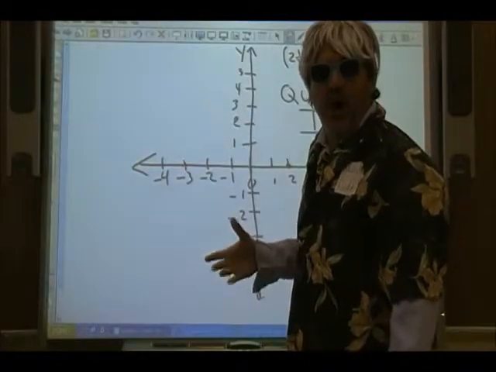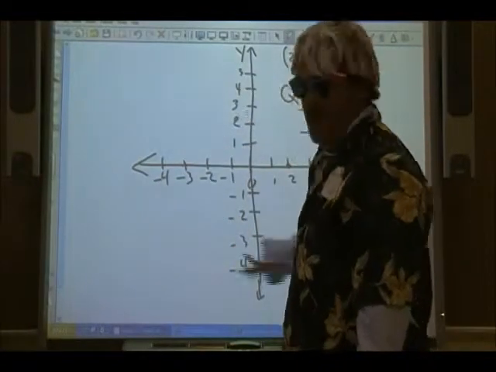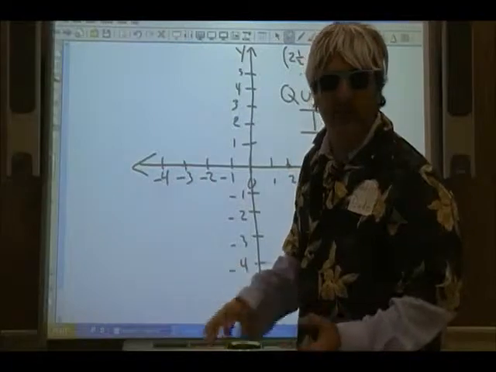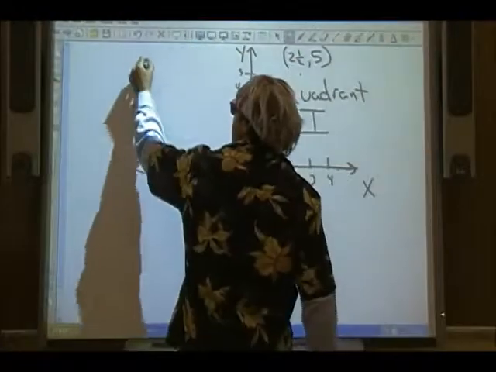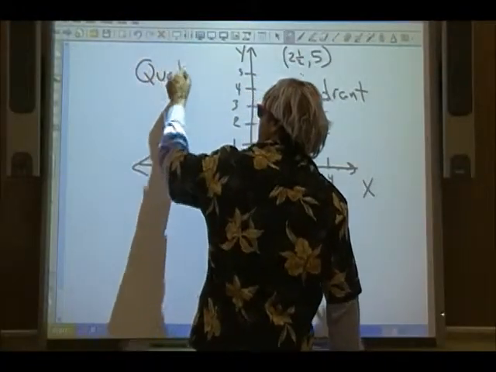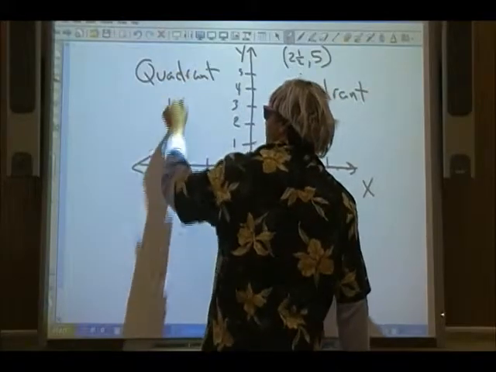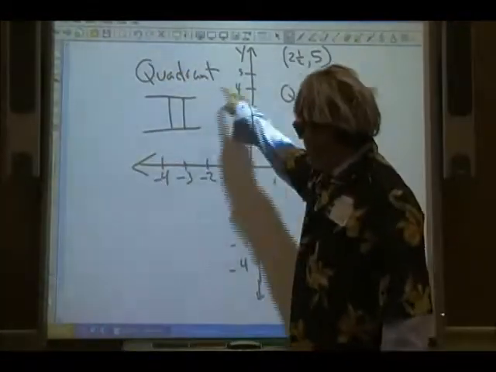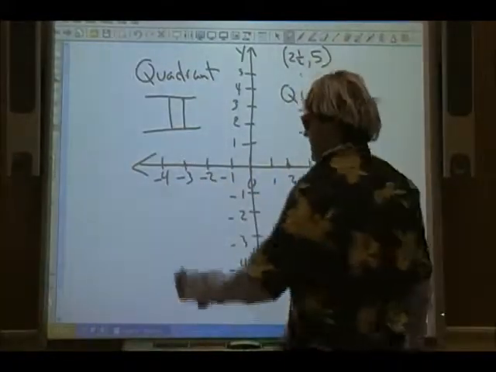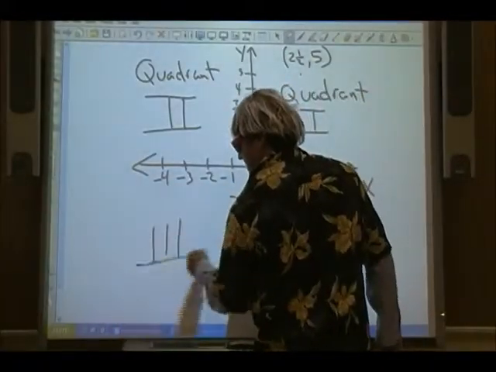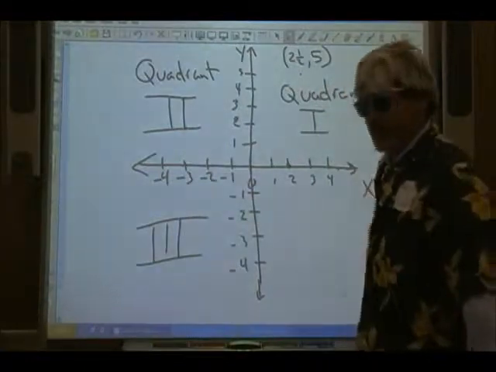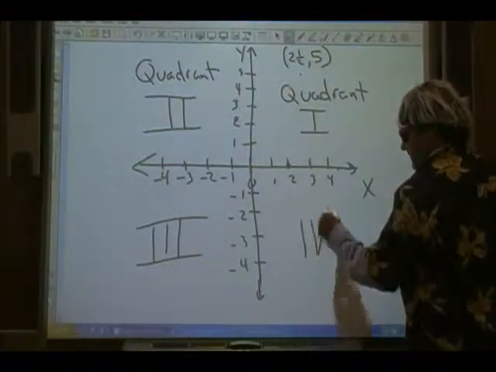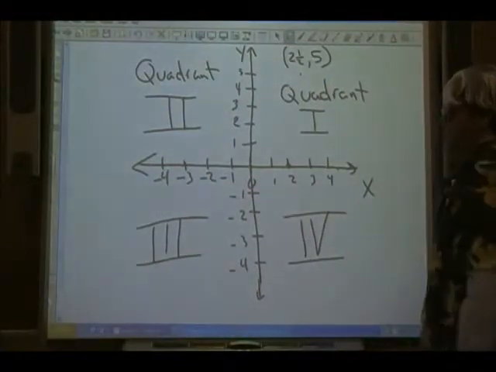I never understood why. No one asked me. I would have done it clockwise, but it's too late now. So you're going to have to memorize it. This is quadrant 2. Then keep going to pattern. This one is quadrant 3. These are Roman numerals, remember, and then this one is quadrant 4.